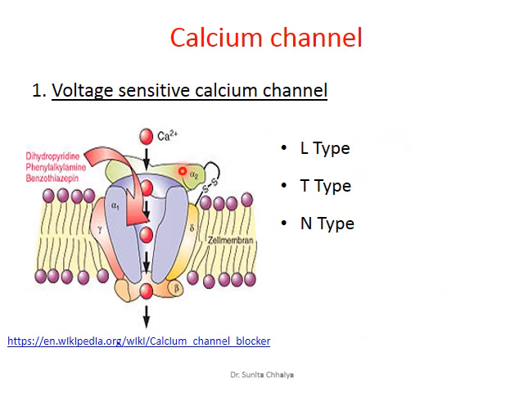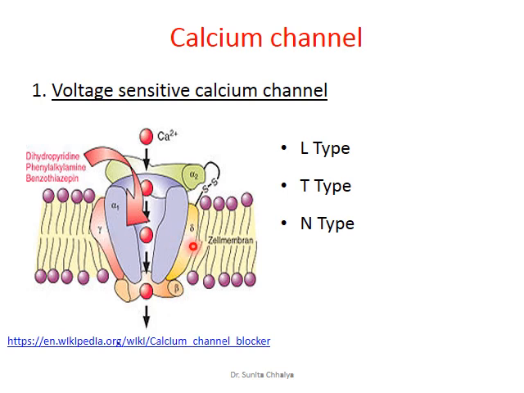It consists of an alpha subunit. This alpha subunit encloses the calcium channel. Opening of this channel can increase calcium entry. Along with that alpha 1 subunit, there are other subunits like alpha 2, beta, gamma and delta.